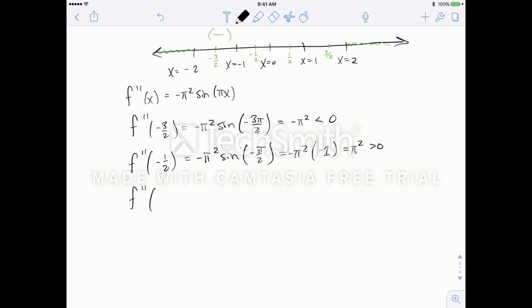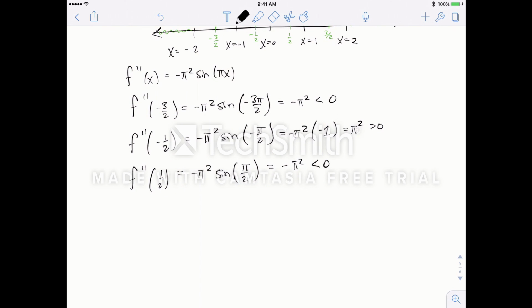F double prime of 1/2 is negative pi squared sine of pi over 2. Sine of pi over 2 is 1, so that makes the whole thing negative. And f double prime of 3/2 is negative pi squared sine 3 pi over 2, which is negative pi squared times negative 1, which is greater than 0.